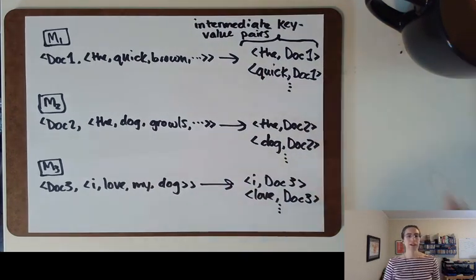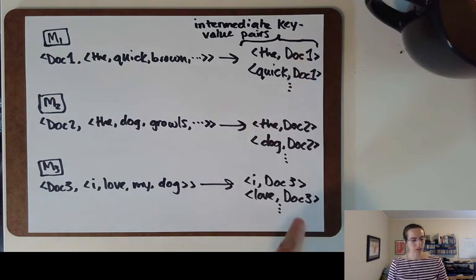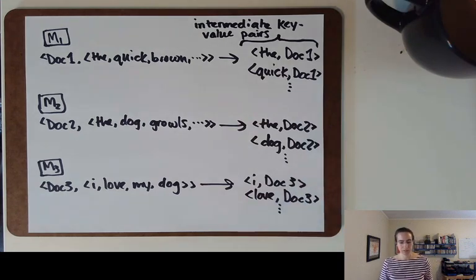Intermediate because we're not done yet, right? We still have to create the inverted index, but this is the halfway done point.